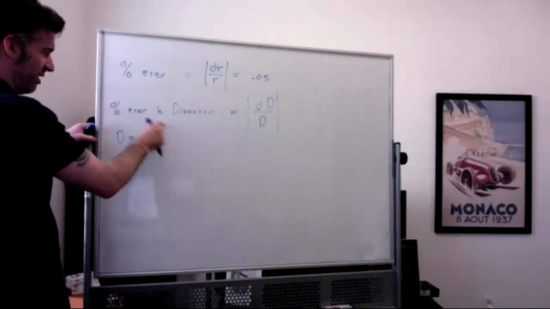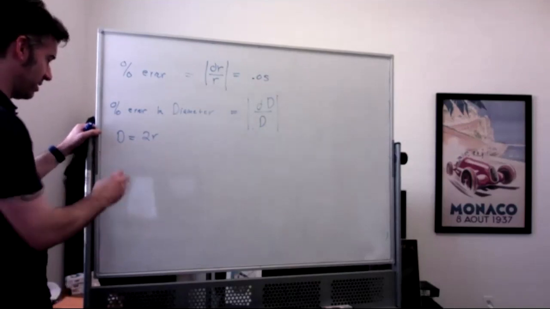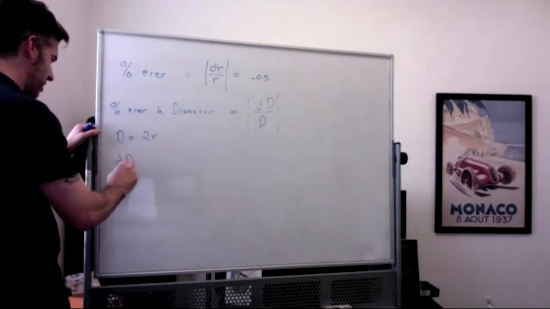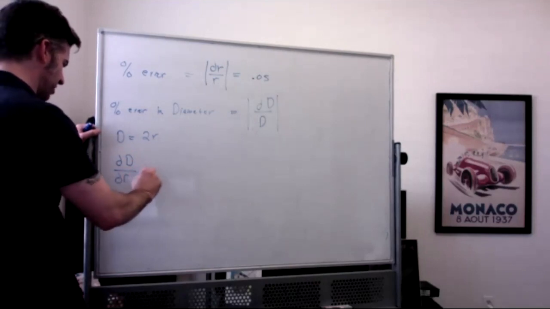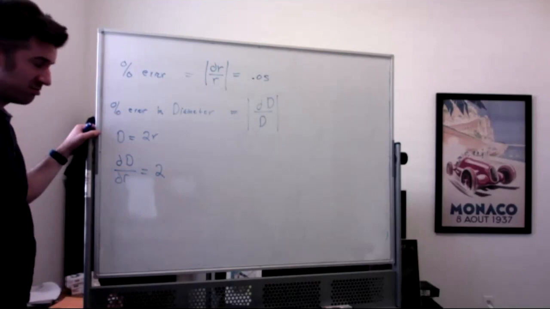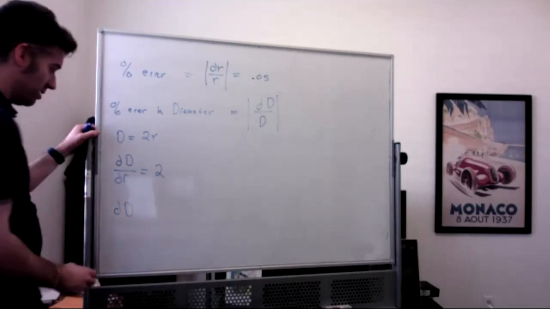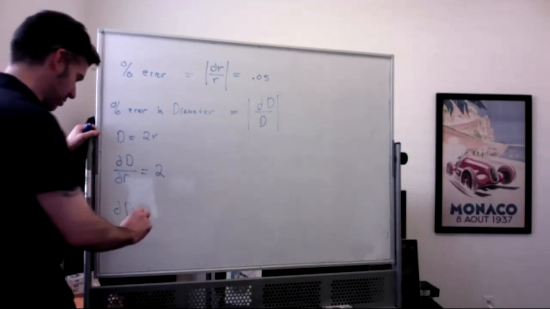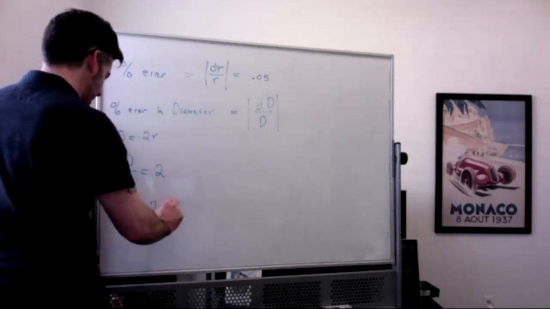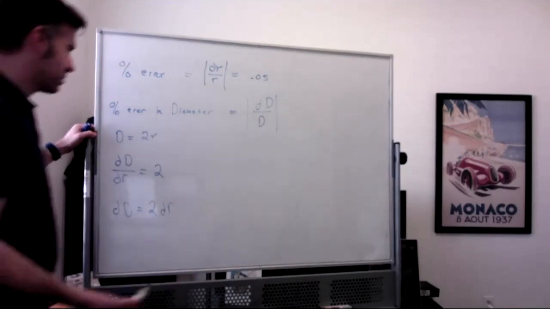Well, I can differentiate this. If I differentiate this with respect to the radius, the derivative of the diameter with respect to the radius is just going to be 2. So then the differential for the diameter is just 2 times the differential for the radius. So look at what I can do.